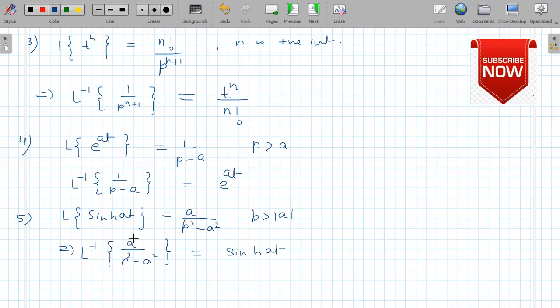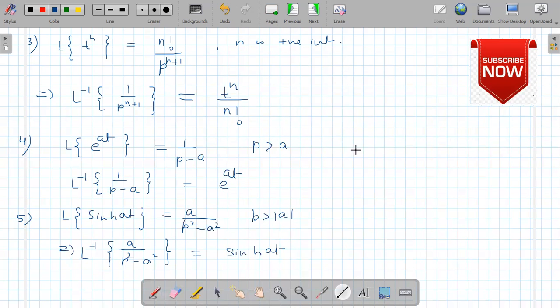To remove this constant term, we take this constant part in the denominator of sinh(at).